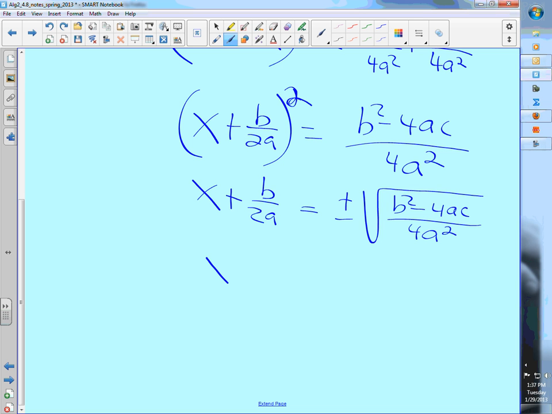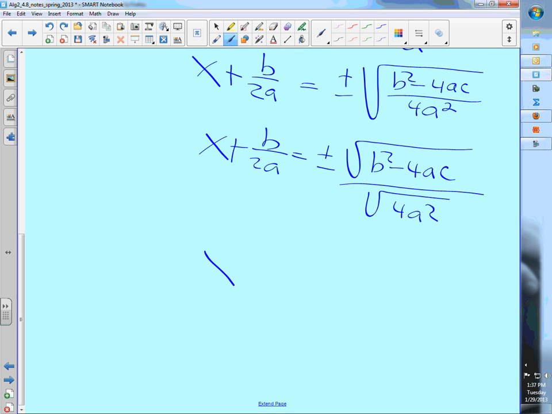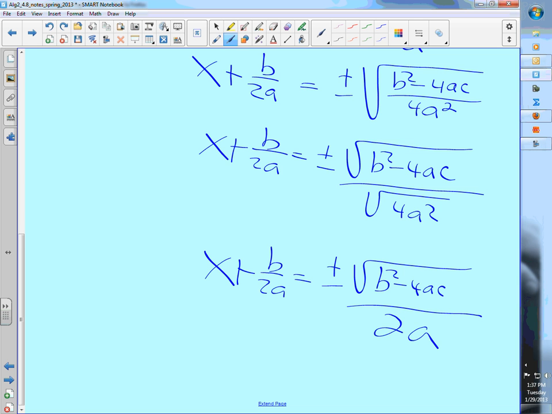Oh, absolutely, simplify the bottom. So we root top and bottom. And what is the square root of 4a squared? 2a. We already have the plus or minus in front of it all.